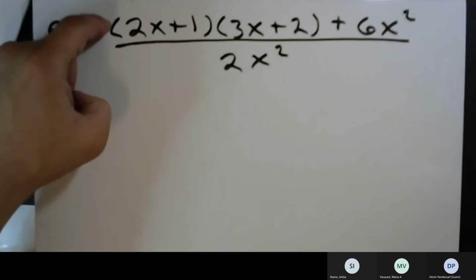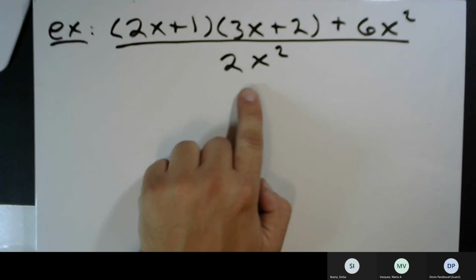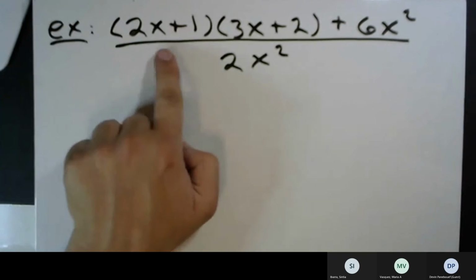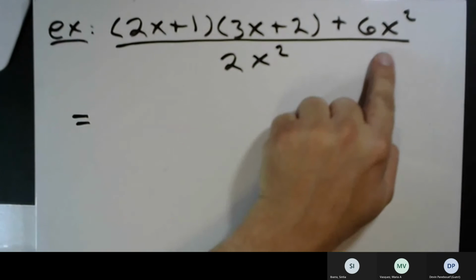What we want to do is simplify the top first, divide last. Now this one we can FOIL. We're going to ignore the denominator for now.